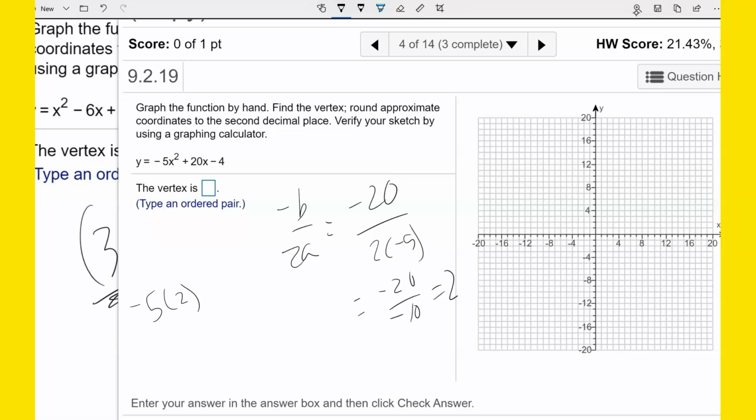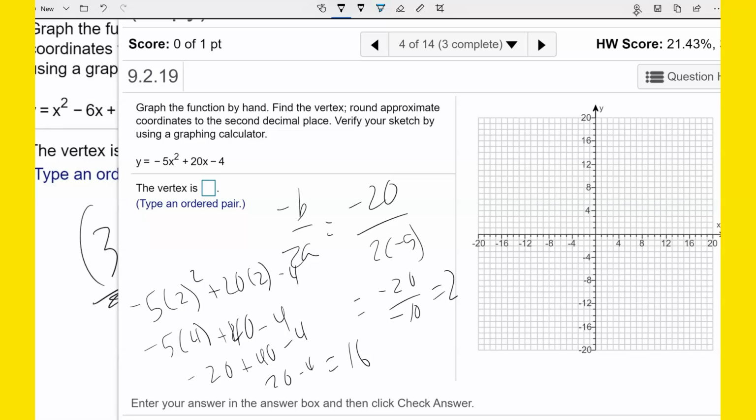Negative 5 times 2 squared plus 20 times 2 minus 4. That's negative 5 times 4 plus 40 minus 4. That's going to be negative 20 plus 40 minus 4. That's 20 minus 4. That is 16. So 2, 16 is the vertex.